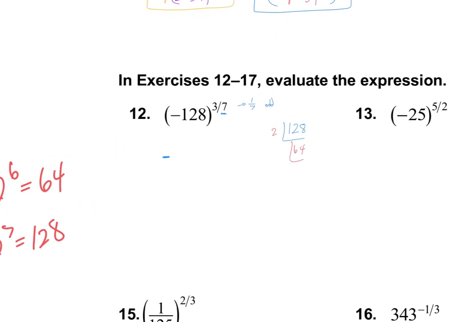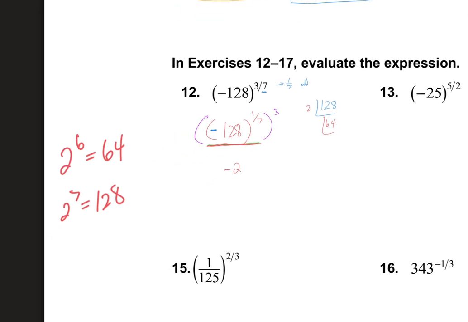What we can do is negative 128 to the 1/7 power raised to the 3rd power. Well, this red part, I know I just underlined it green and said this red part is negative 2. How? Because the 7th root of 128 is 2, okay?